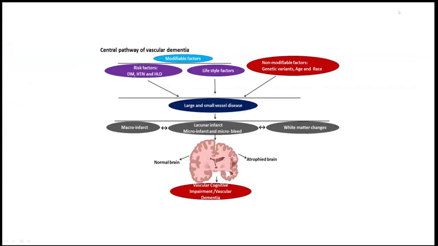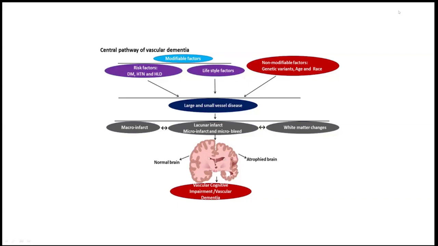So maybe I'll just talk a bit about how the large vessel and small vessel disease result ultimately in cognitive impairment or cognitive decline. We talk about modifiable risk factors: diabetes, hypertension, cholesterol levels, as well as lifestyle factors: diet, exercise, physical activity, sedentary lifestyle, and so forth, as well as non-modifiable risk factors: genetic variants, age, and race.